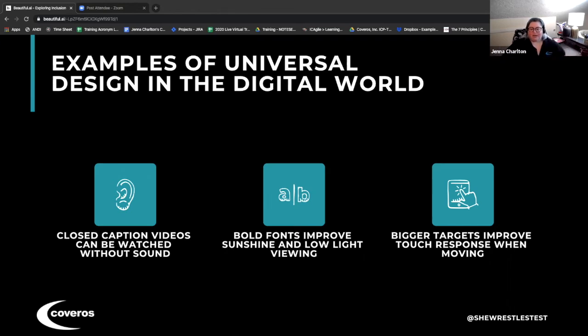And the last one is bigger targets on mobile devices. I personally have a problem with targets on my phone or targets on my tablet. I have some spatial reasoning issues that come from my learning disability. It's just kind of all wrapped up in it. So I need bigger targets because I have a hard time hitting them on my phone.